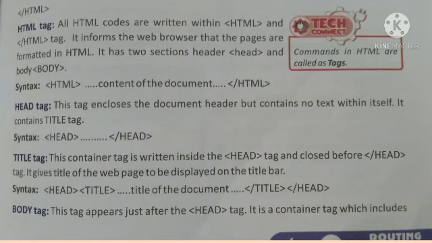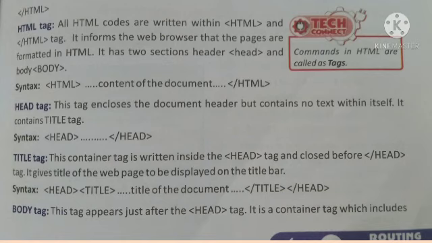It has two sections, the head tag and the body tag. The head tag enables the document header but contains no text in itself. It contains the title tag. The title tag is a container tag, written inside the head tag and closed before closing the head tag.